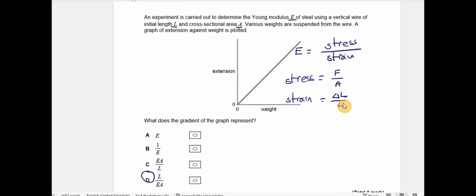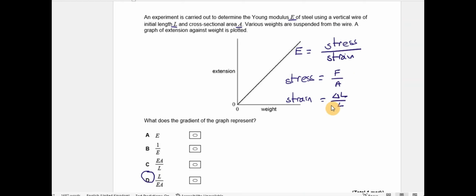So let's first of all remind ourselves what the Young modulus is equal to. The Young modulus is equal to the tensile stress divided by the tensile strain. And stress, or tensile stress, is given by the force on a wire over its cross-sectional area, and the strain is given by the extension of the wire over its original length.